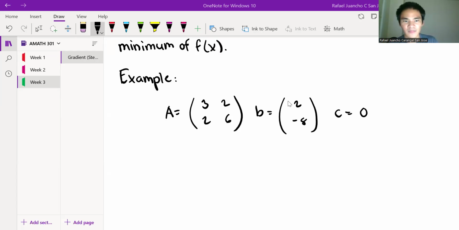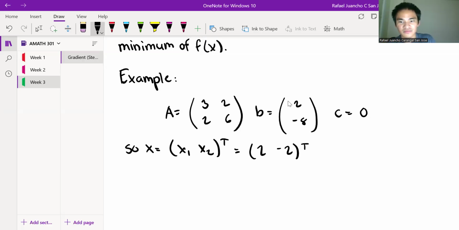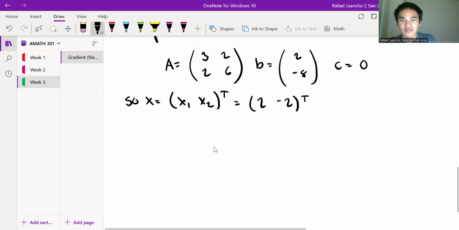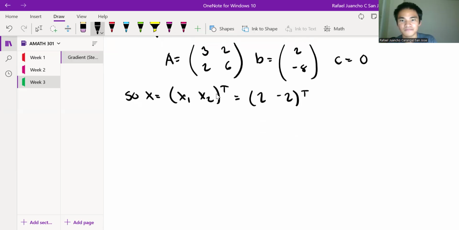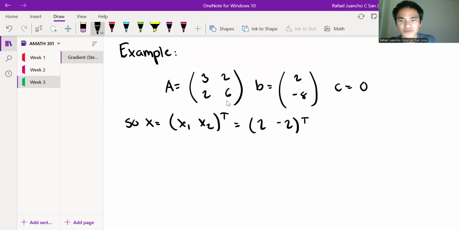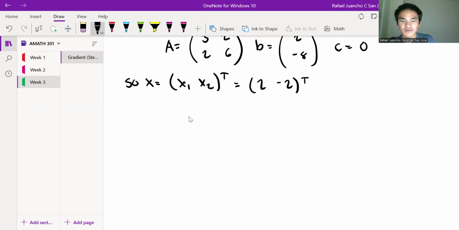So my x vector is actually just some x1 and some x2. This is a row vector because it's transposed. And so this is 2, -2. It's a row vector again because it's transposed. Right? I can solve this using regular algebra, but might as well let the textbook do it.